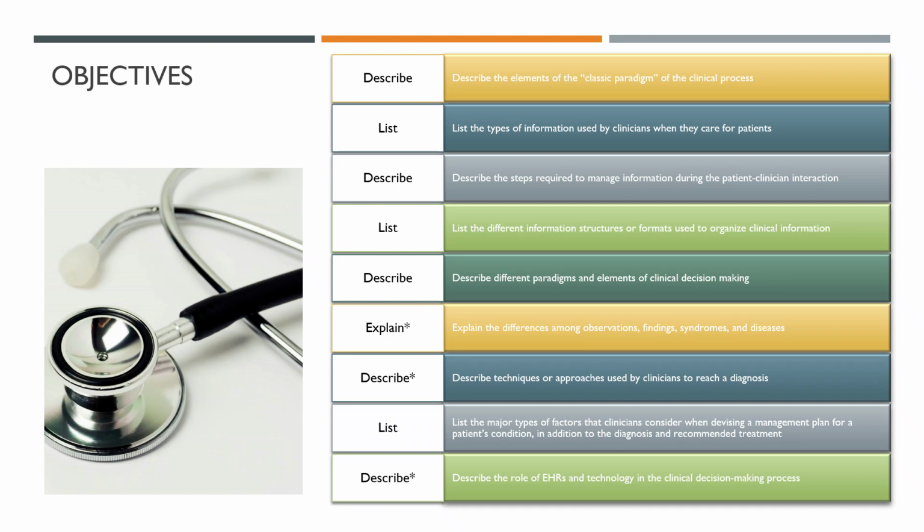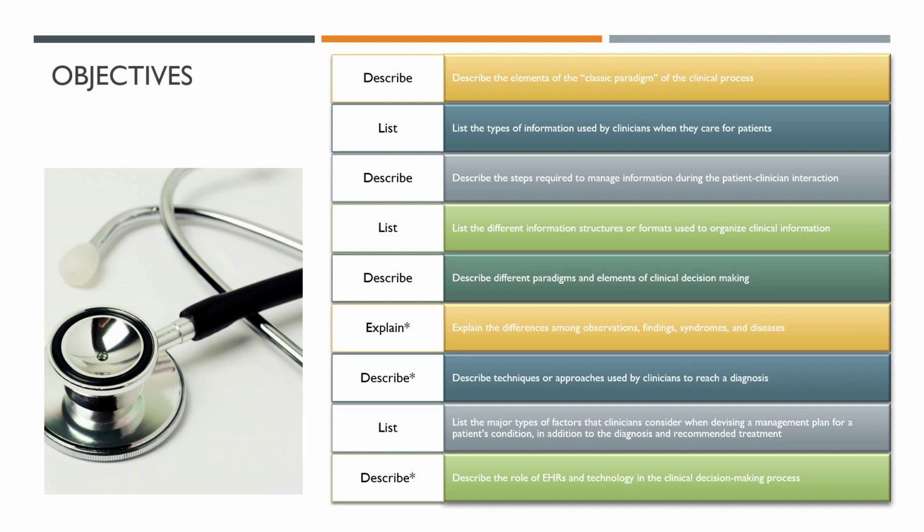And the last one for this particular session that we'll cover today is describe the role of EHRs and technology in the clinical decision making process. Electronic health records, or EHRs, and integrated devices provide the infrastructure that links observations, findings, and treatment decisions across the continuum of care.